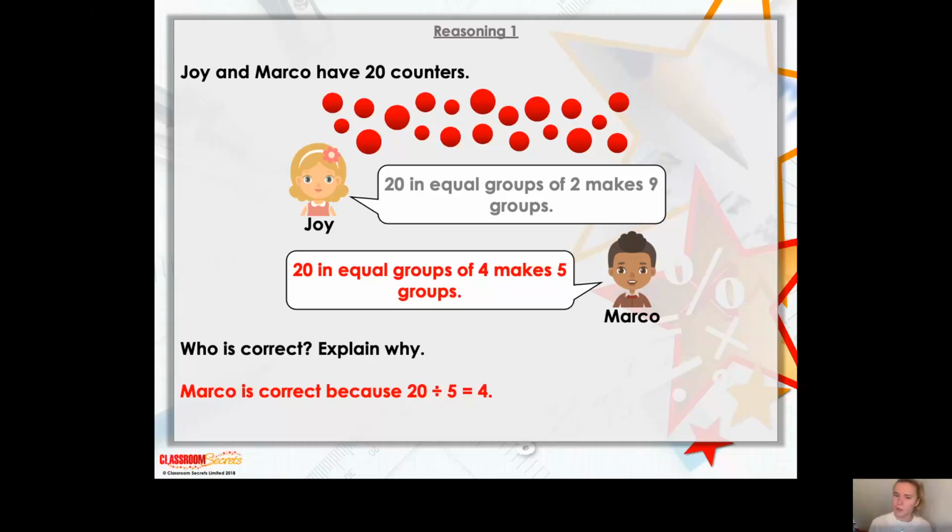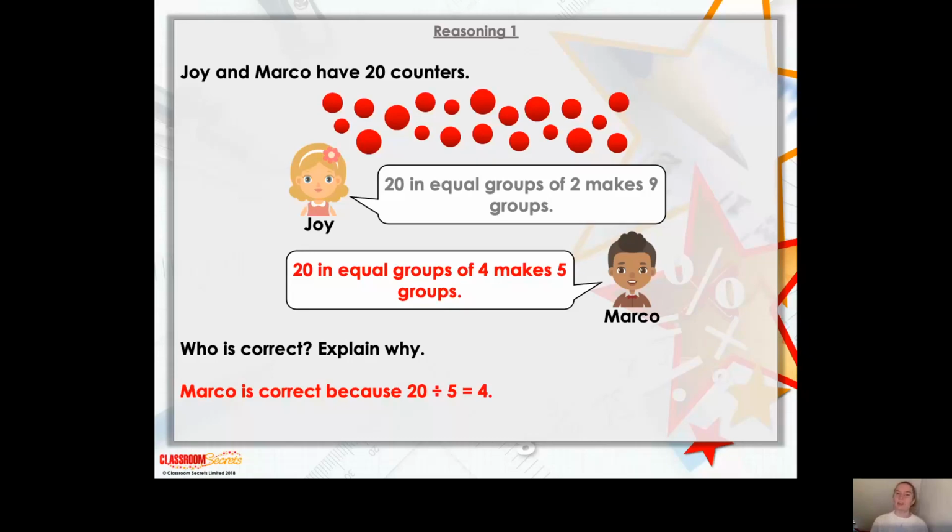How can we correct Joy's quote? Yes, that's right. We can change makes 9 groups into makes 10 groups. So a division number sentence that you could write for this is 20 divided by 2, because there's 2 in each group, equals 10, because Joy should have made 10 groups. Fantastic. Well done if you got that right.